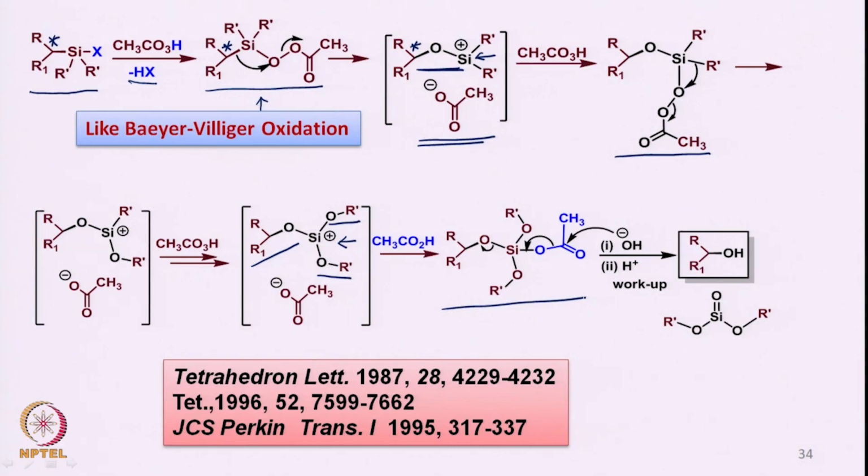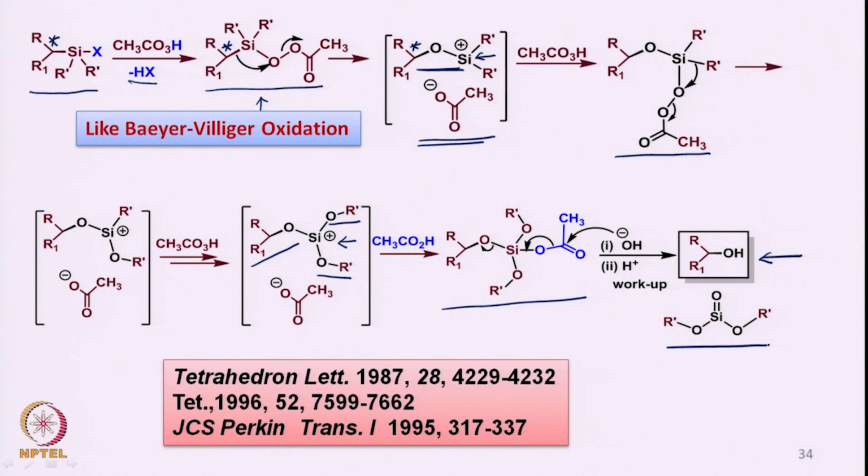and we get this particular product as the ultimately stable silicon substrate, which upon basic workup like sodium hydroxide followed by protonation releases the alcohol and the silicon side product.